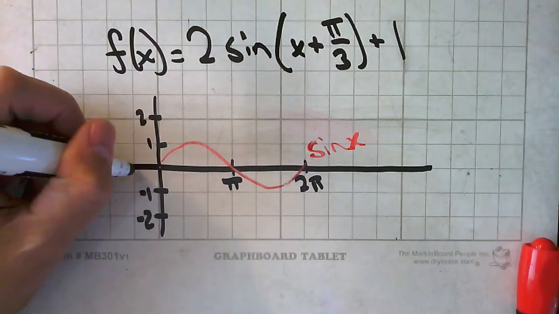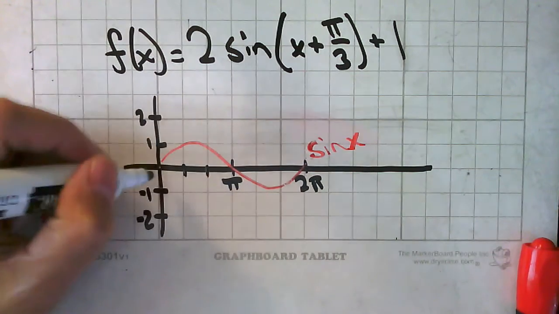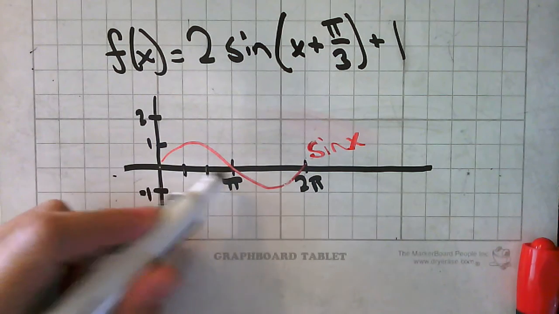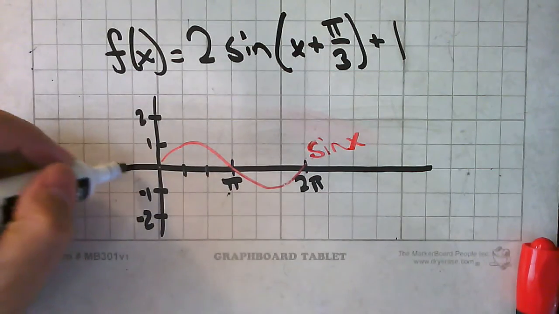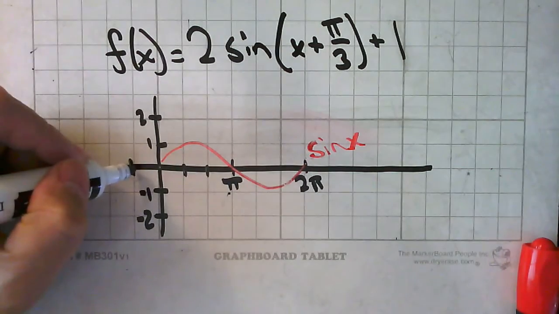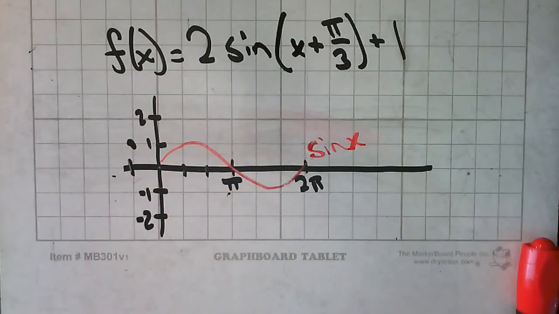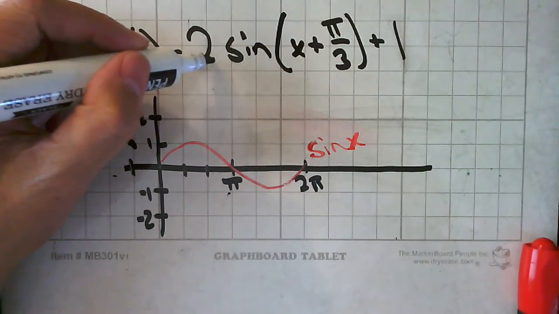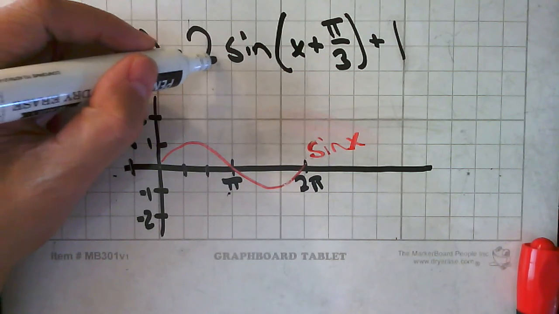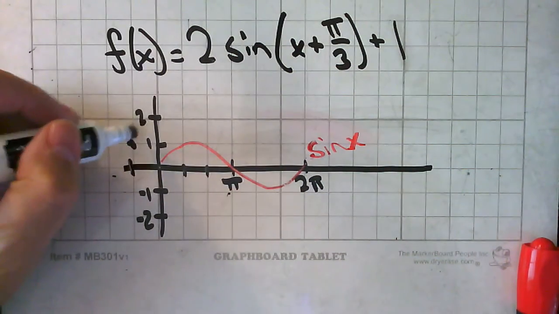So we go left. So I cut these into thirds. 1/3, 2/3, and this is 3/3 is pi. So we're going to shift to the left pi over 3 here. We're going to go up 1. And our, what's this called? Our amplitude is going to be 2.